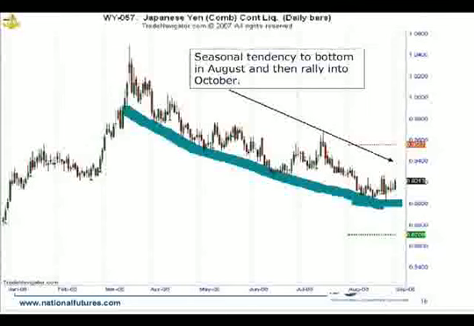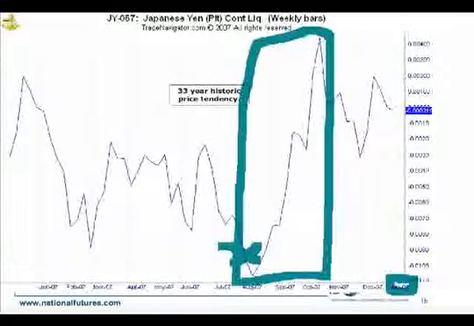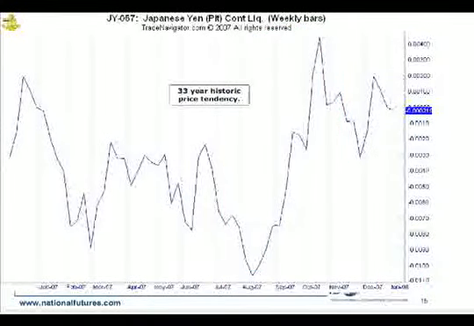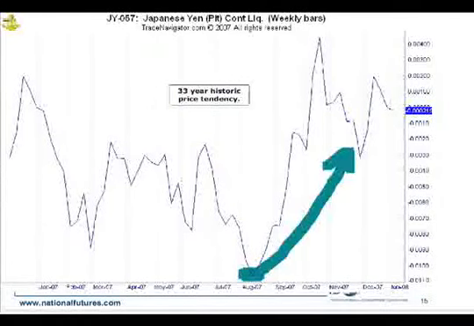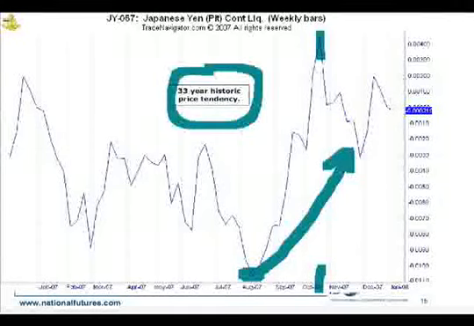But from the middle of August, the Japanese yen bottoms and goes up into about the middle to the end of October, the third week of October. And this is, by the way, going back a 33-year historic tendency of the Japanese yen.